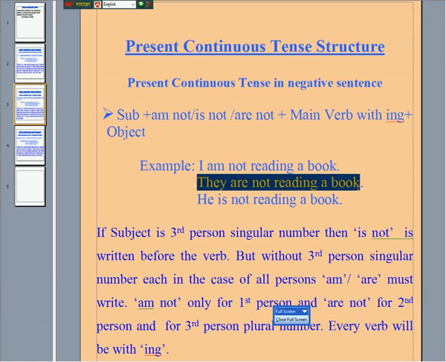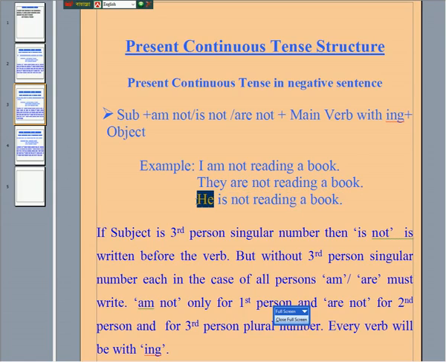They are not reading a book. Here they is the subject, third person plural number, are is the auxiliary verb, reading, read with ing, is the main verb, and a book is the object. He is not reading a book. He is the subject, third person singular number, is not is the auxiliary verb, reading is the main verb, and a book is the object.